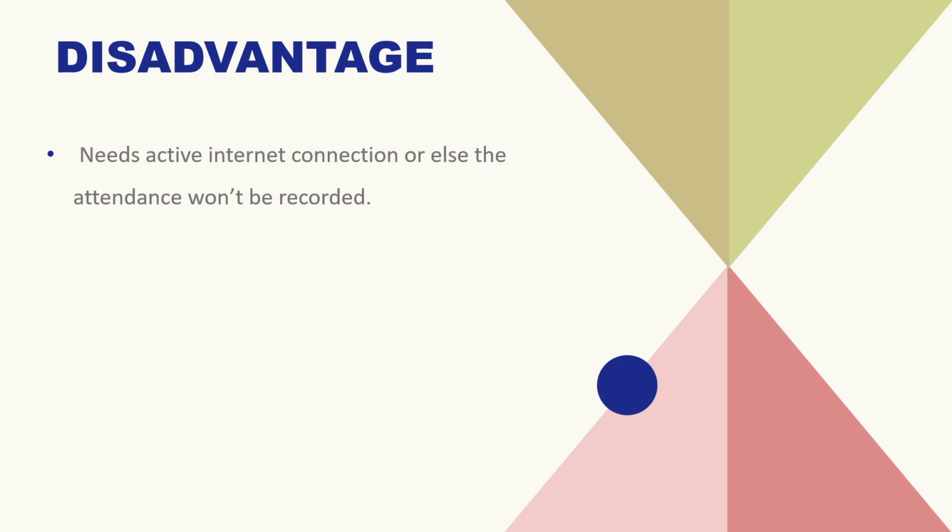But it is a disadvantage wherever there are network problems. When there's no active internet, the attendance won't be recorded. So there has to be an active internet provided by the admin for the students or employees to mark their attendance.